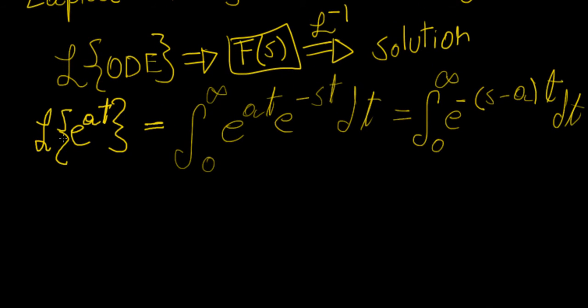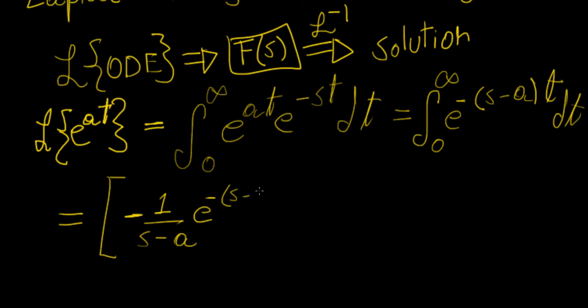Then we just integrate, it's a very simple integration. That becomes minus 1 over (s minus a) times e to the power of minus (s minus a) t, evaluated from 0 to infinity.